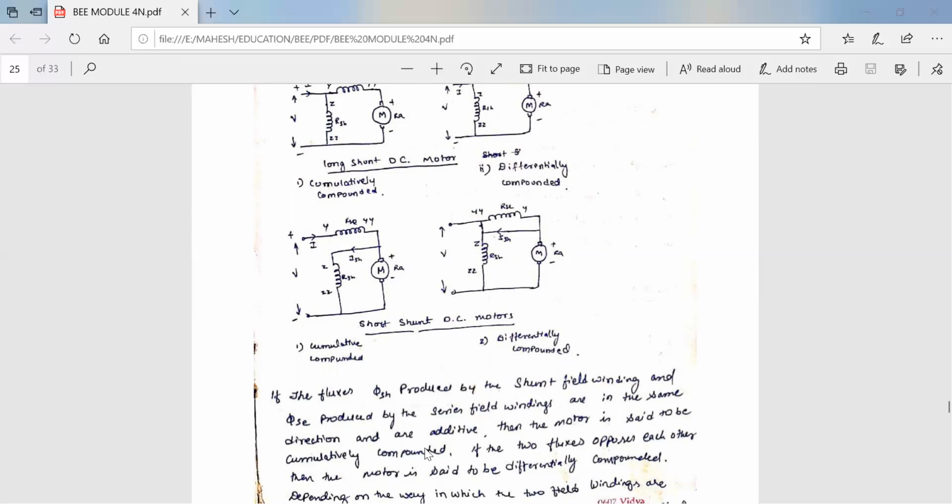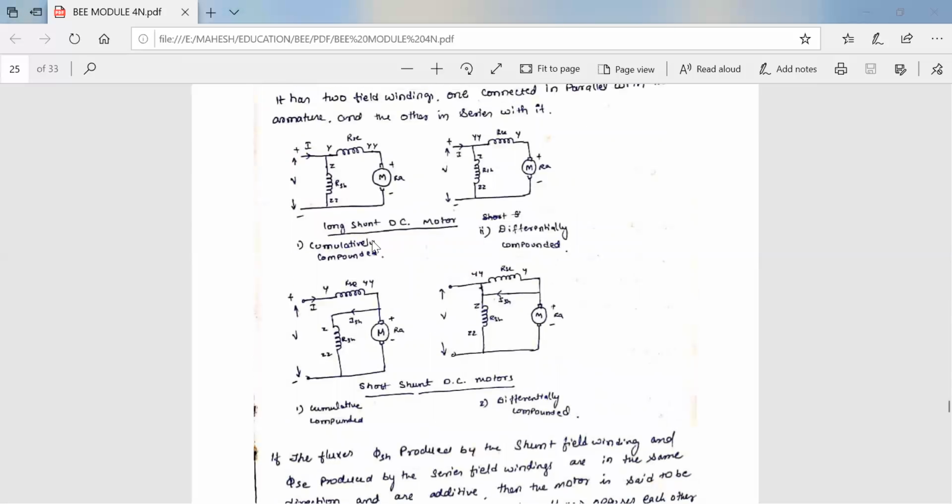In the cumulative compound motor, the flux produced across the shunt field winding and the flux across the series field winding are in the same direction. Here you can see the terminals Y and YY, and Z and ZZ. These are the terminals of the shunt field winding, and these are the terminals of the series winding.